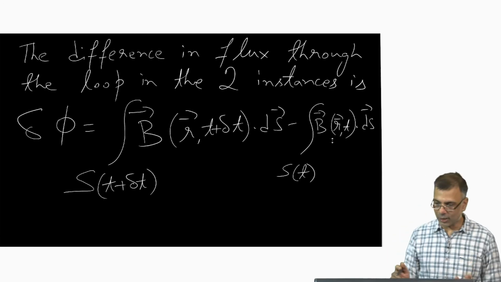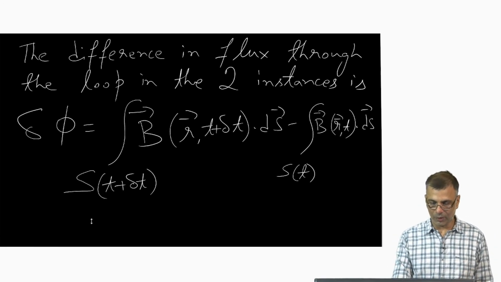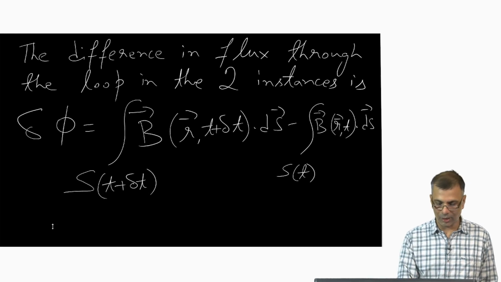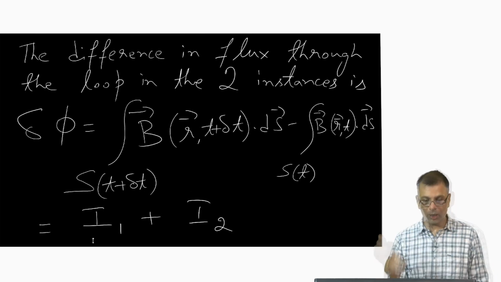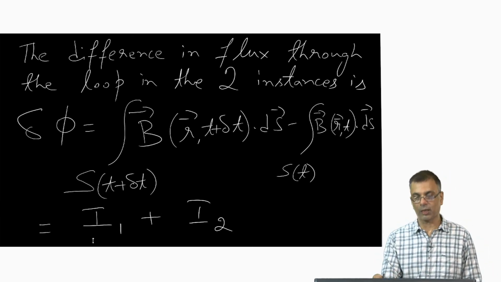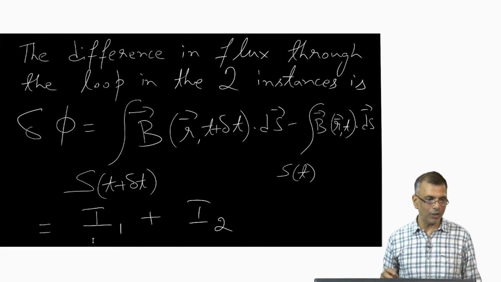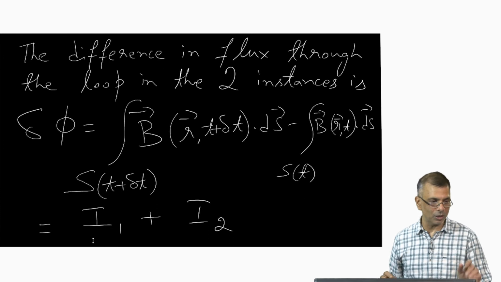Okay. So let us say that this is equal to some I1 plus I2. In a minute we will ask what is this I1 and what is this I2. We need to be very careful about this, which is why I am proceeding slowly.